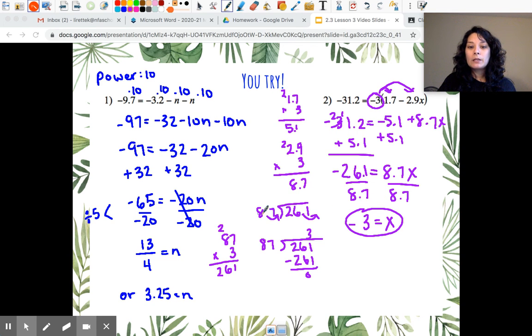So when I set up my long division, I adjusted my decimals so that they became whole numbers. And then I just did a guess and check. So I'm using my number sense to help me figure out what number to try first. When I look at this, these numbers are pretty large. 87 and 261 are pretty big numbers.